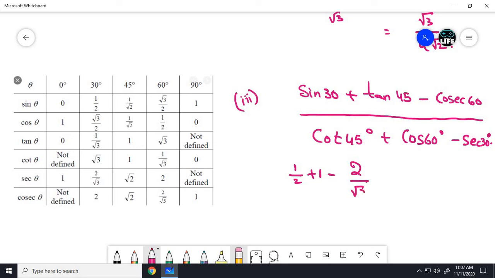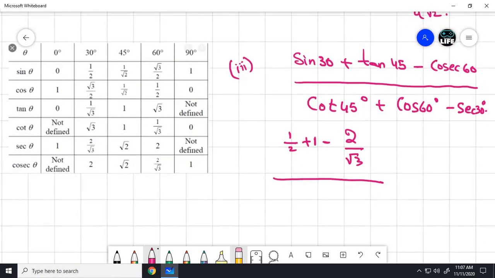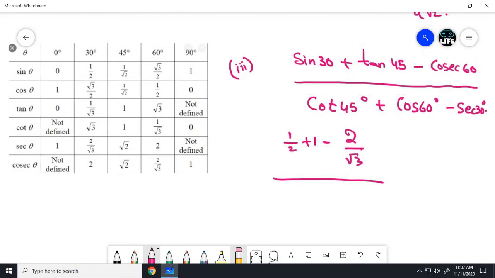by, what is cot 45? So cot 45 is 1, plus cos 60. Okay, cos 60 is 1 by 2, minus secant 30.